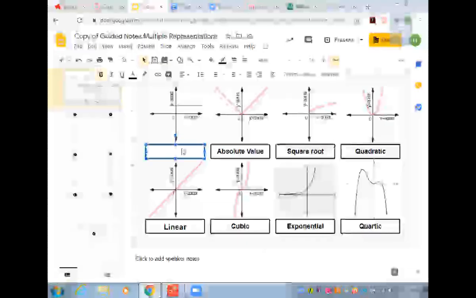I'll give you a hint, it starts with a C. If something is never changing, it is considered constant. And that is a constant.